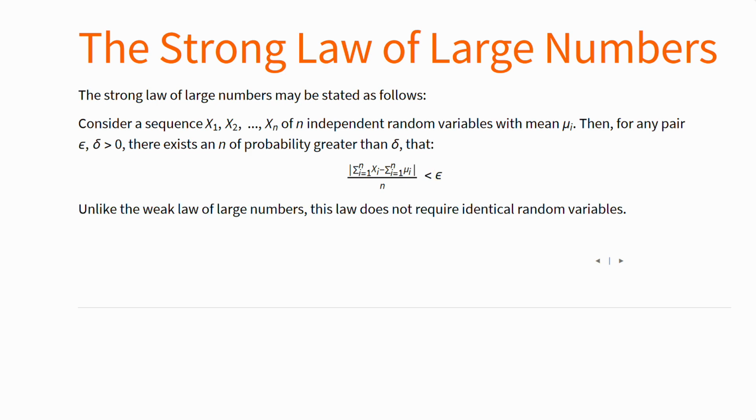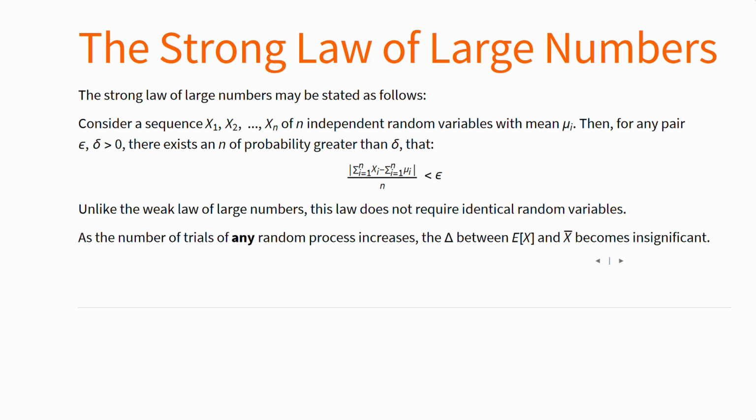Unlike the weak law of large numbers, this law doesn't require identical random variables. In fact, as long as the number of trials of any random process increases, the difference between population and sample mean will be reduced until it becomes insignificant.